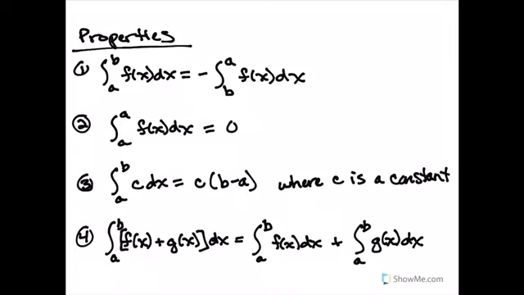So going from left to right, and then switching and going from right to left will give me a negative answer. If I integrate from a to a, it gets me nowhere, right? I'm trying to find the area under a line. There's no area under a vertical line. So we get 0.